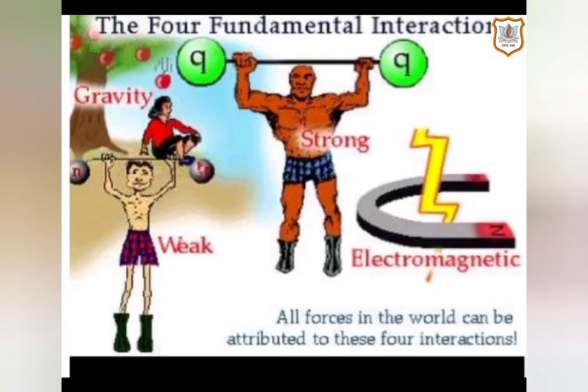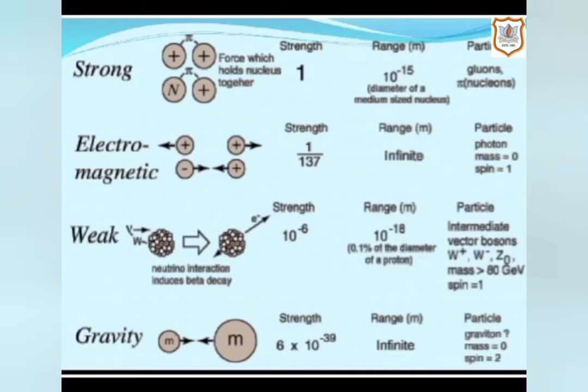You can see in this figure that the strongest force is the strong nuclear force and the weak force is existing in nature. All forces in the world can be attributed to these four interactions. Now the strength of the four forces we can show over here.